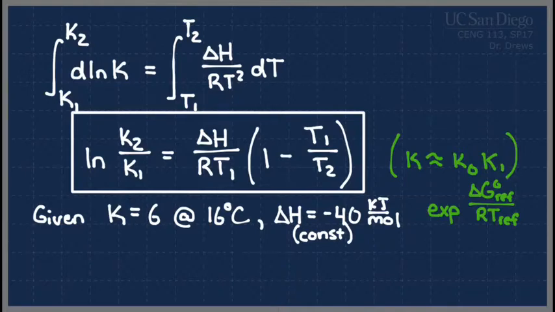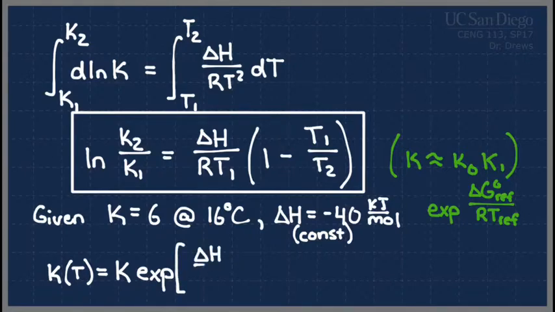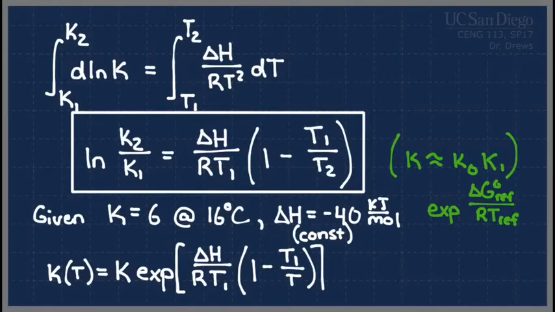If I do something like that, what I end up with is that K2, or I should say K of any temperature, is equal to the K that I just gave you times the exponential of delta H over R times 1 over T1 minus 1 over T. Right, so instead of K, you plug in 6.